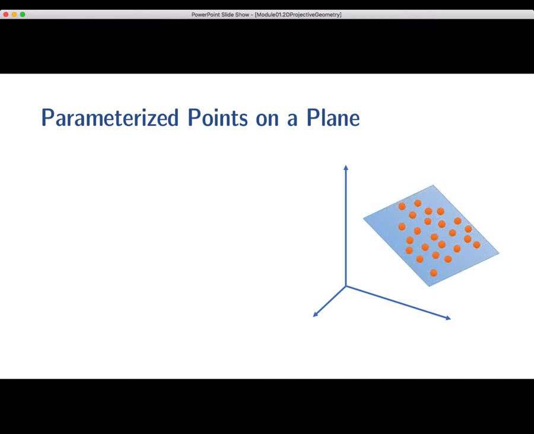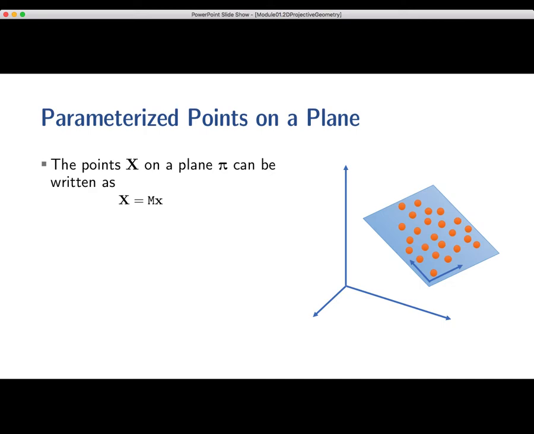So that's the subspace pi, which is parameterized by the plane. Now we want to parameterize these points in 2 dimensions, because essentially they form a P2 space embedded within this P3 space. So how do we do that? The points x, the orange points, lie on a plane pi, and my claim is they can be written as x is equal to MX.